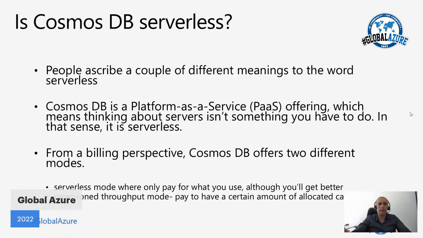We also have serverless as a concept for computing resources like Azure Functions, where you have no need to think about infrastructure and you can have your logic without thinking about the services on top of which you need to build it.